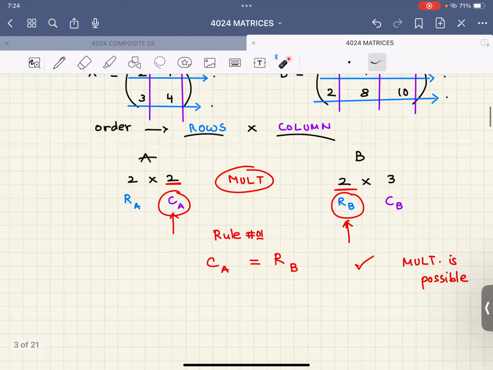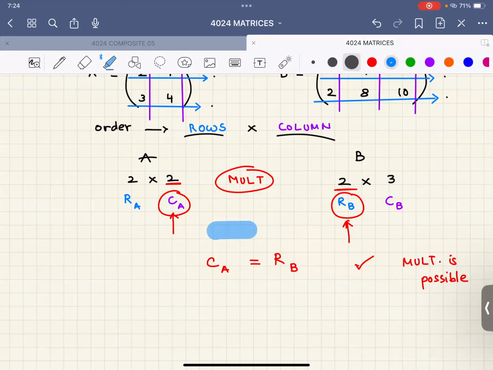So let me highlight rule number 1 again with a black marker: the columns of matrix A should equal the rows of matrix B. If it's equal, then we can proceed. Otherwise, we have to stop.